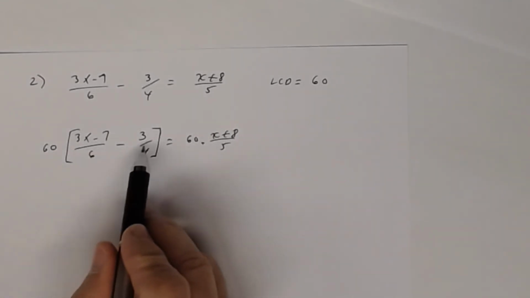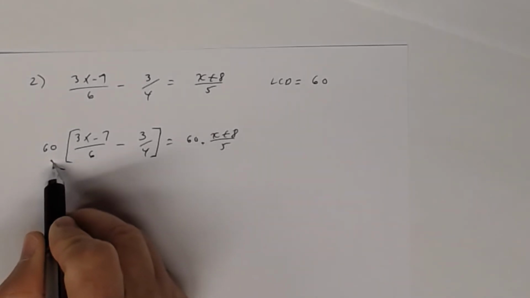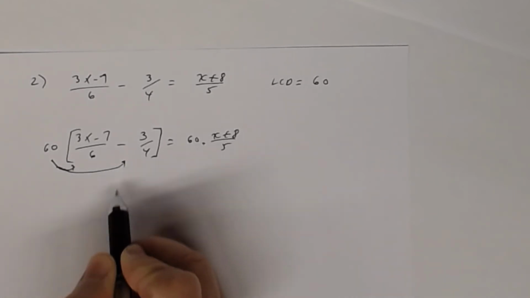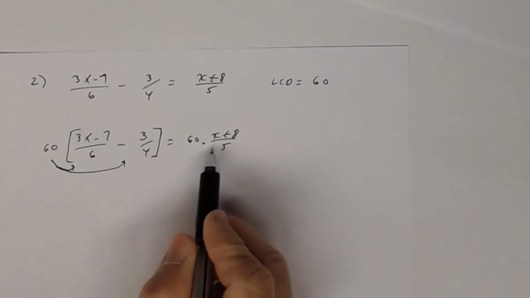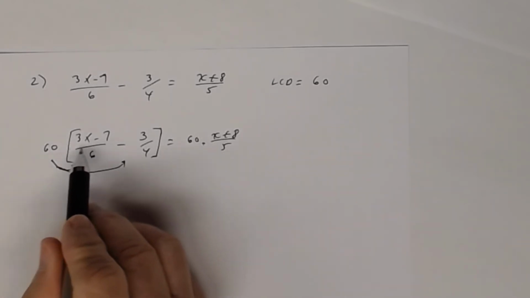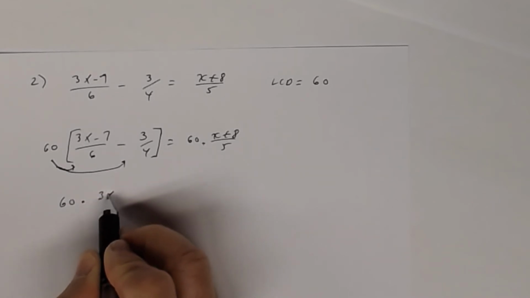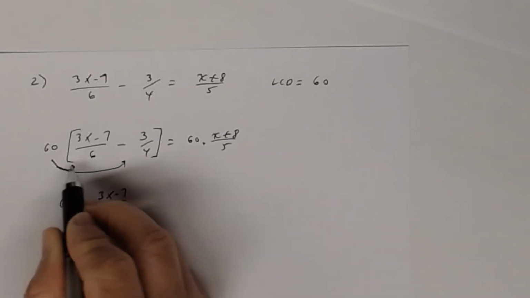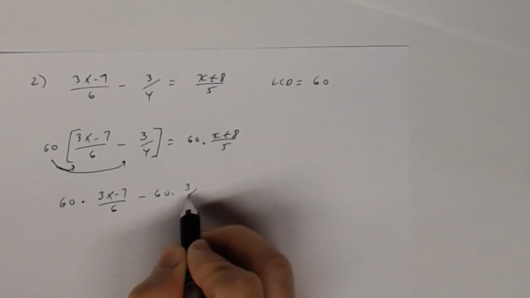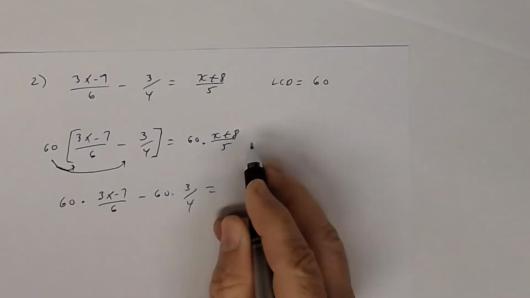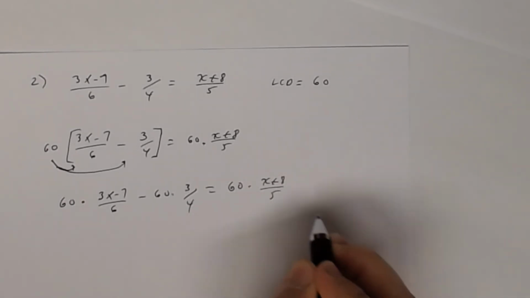Since I do have brackets here, the next step is to get rid of them by using the distributive property. Then all I need to do is reduce. Let's distribute first. I get 60 times 3x minus 7 divided by 6, subtract 60 times 3/4, equals 60 times x plus 8 divided by 5.